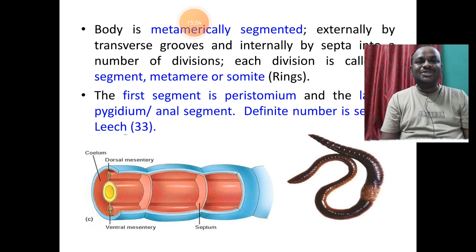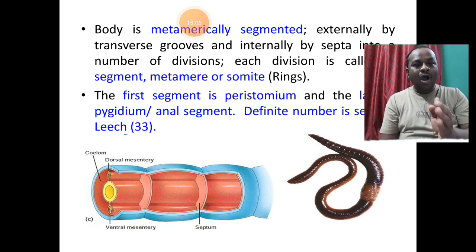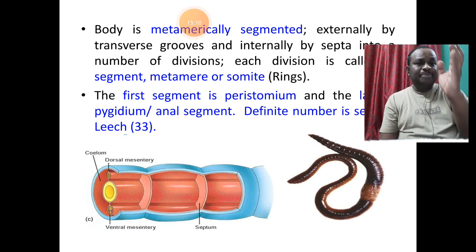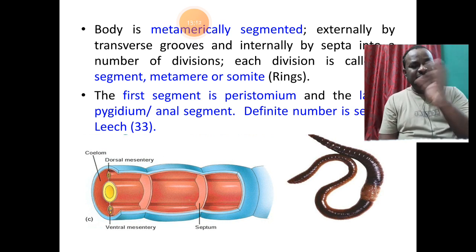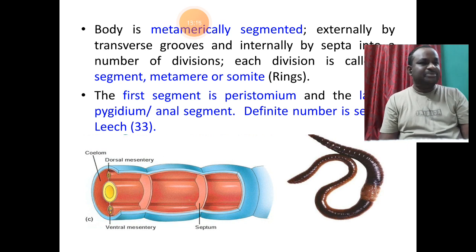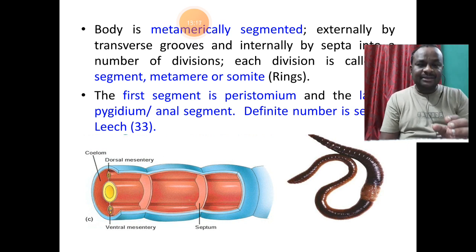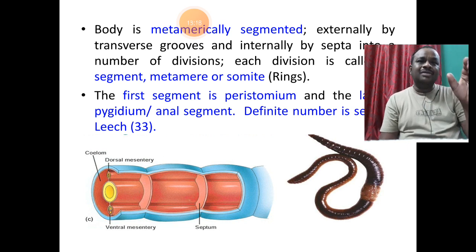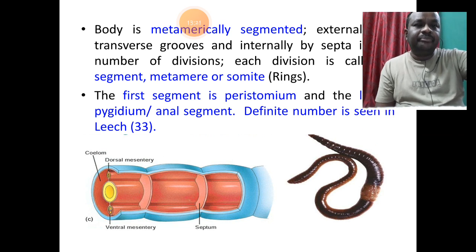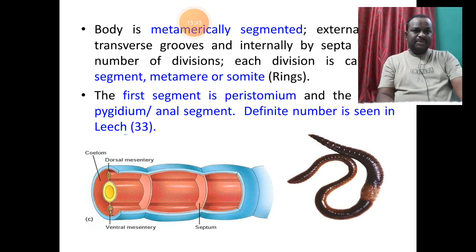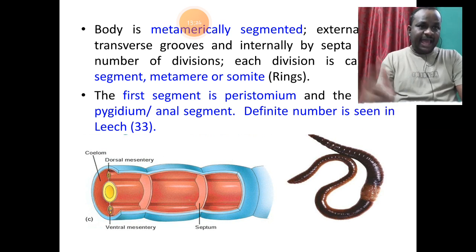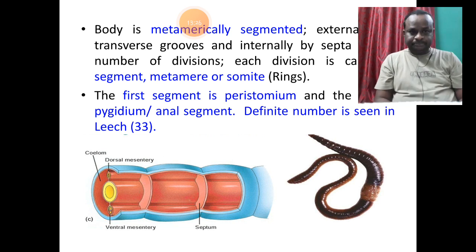It is due to the presence of septae or the partitioning units. These partitioning units divide the body into a number of segments referred to as somites or metameres or segments in general.